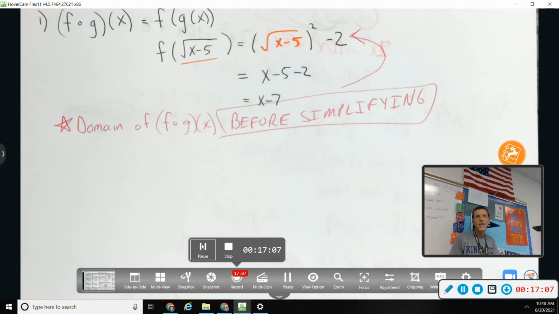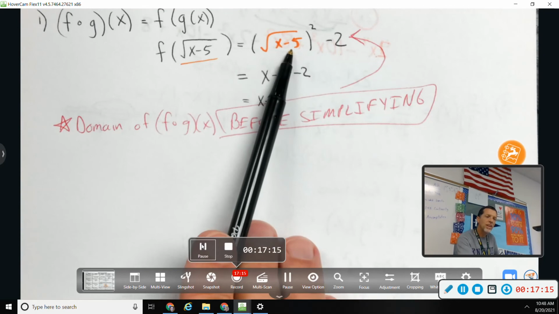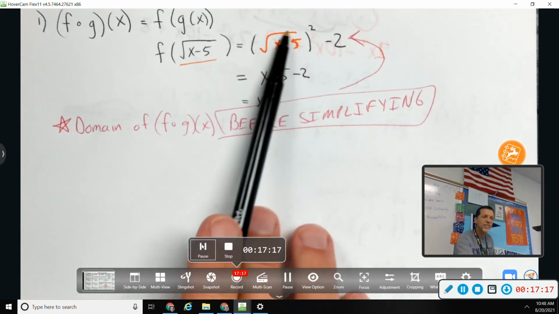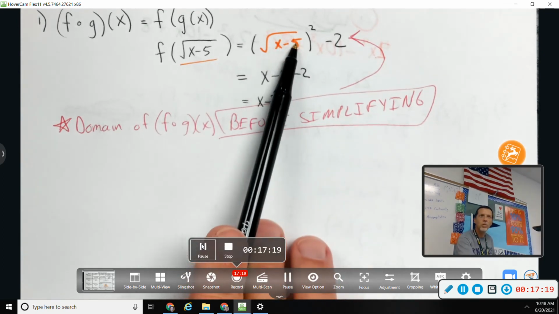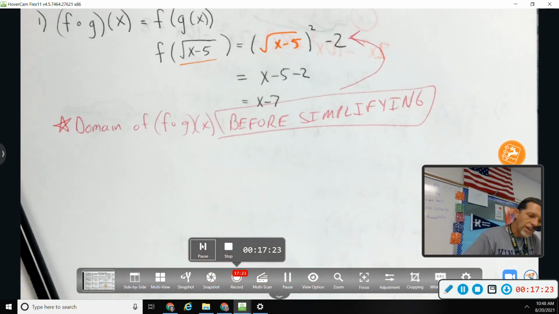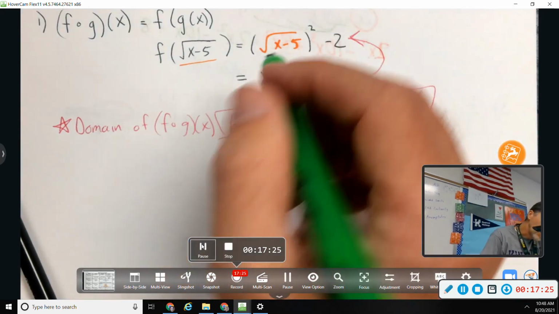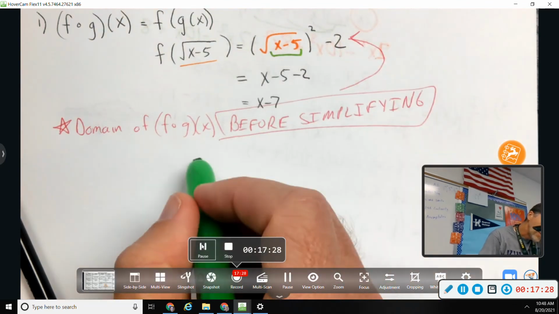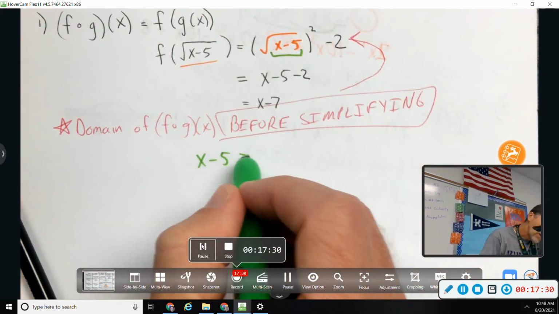You think it's going to be the same? Not exactly, because if I put something in here that makes this negative, it's not going to work. So I've got to remember that whatever's under the square root has to be greater than or equal to 0.